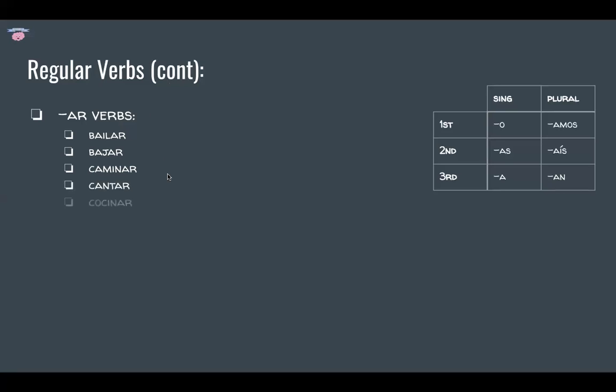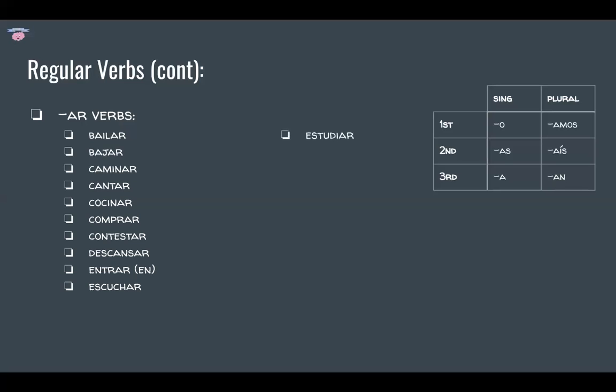Cantar means to sing. Cocinar means to cook. Comprar means to buy. Contestar means to answer a question, usually. Descansar, entrar. Escuchar means to hear or to listen. Estudiar means to study. Hablar means to talk.